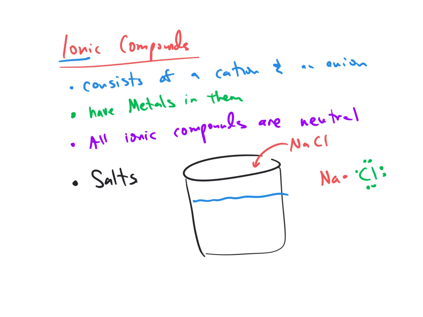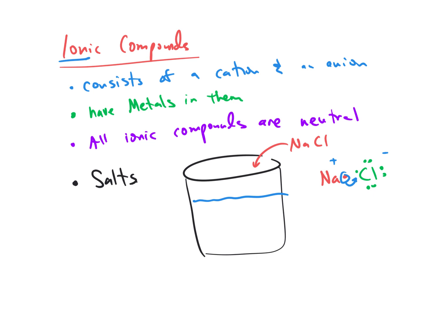Well, what does chlorine want to do? Get one more to have 8, right? What does sodium want to do? Get rid of 1 so that it can go back to its last level and have 8, right? So this electron comes over here, and when this happens, this becomes negative, this becomes positive. And then they attract, right? You with me?